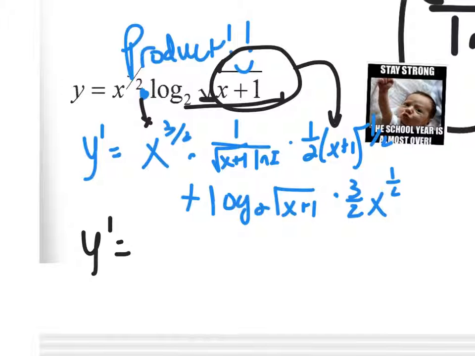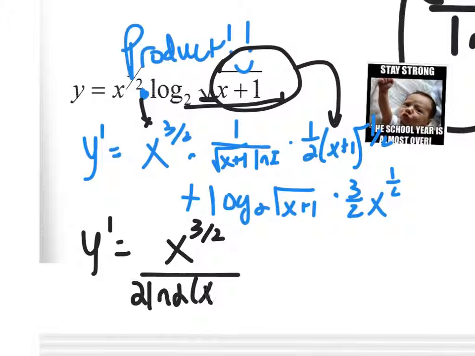I did it as x to the 3 over 2 over 2 ln of 2 times x plus 1, because this is the same thing as that. So if you square it, there's only one of them. If you saw that, awesome, good for you.